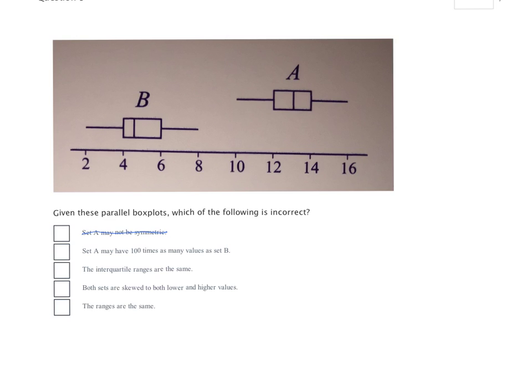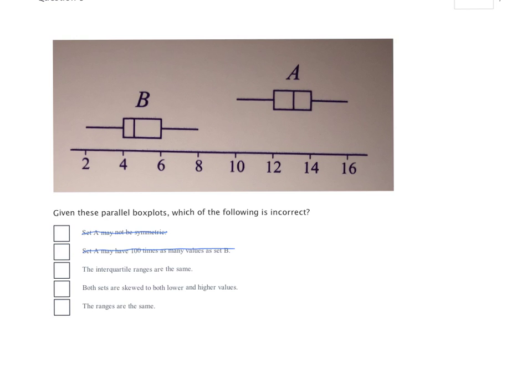Set A may have 100 times as many values as set B. That's also true. Because just because my box plot looks small doesn't mean that I can't have 25 values of 10, 11, and 12, and another 25 values from 12 to 13, and another 25 values equaling all up to 100. So that can totally be right.